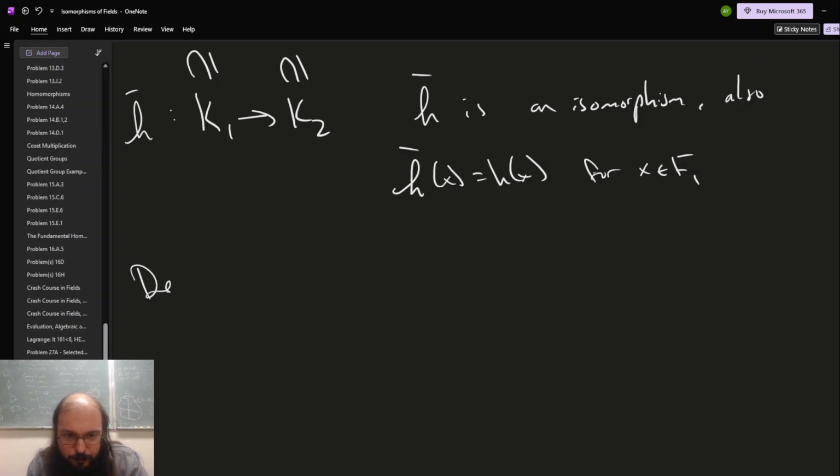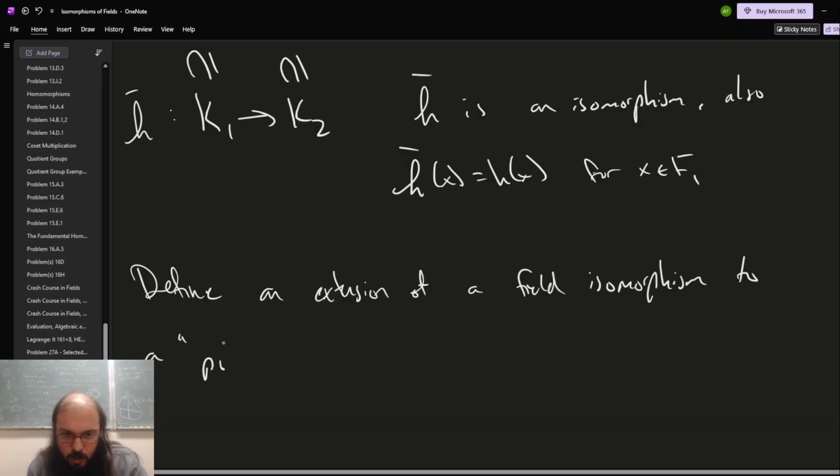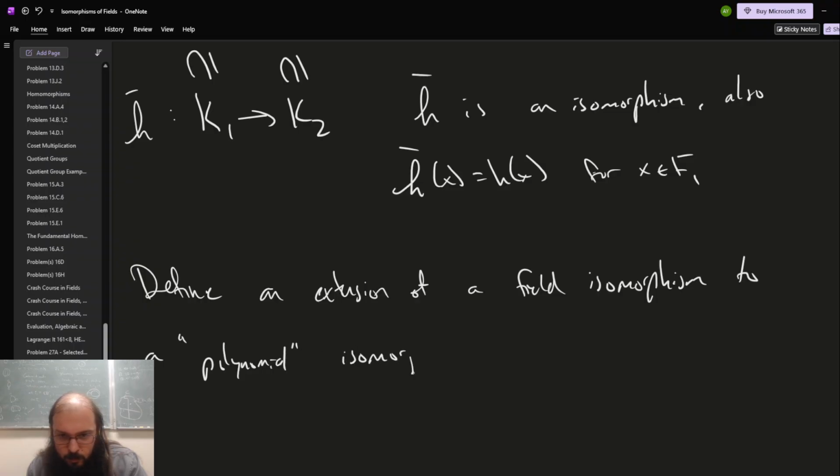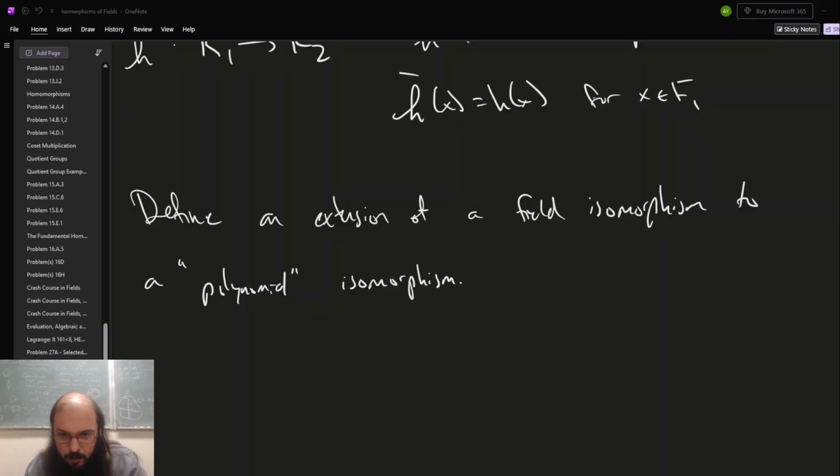We will simply define an extension of a field isomorphism to a polynomial isomorphism. And I'm not going to worry about whether this is agreeing exactly with Pinter or not, because it's going to work, it's fine.